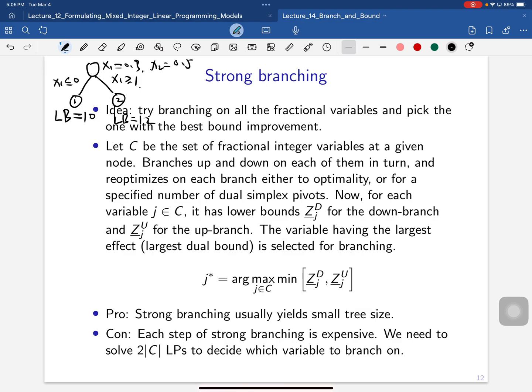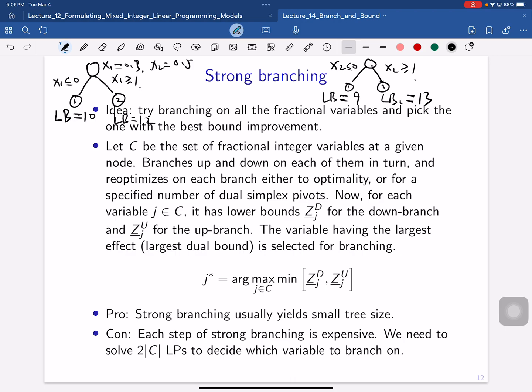And similarly, I will also branch on x2. Now I solve these two LP relaxations and get lower bounds of, let's say, 9 and 13.